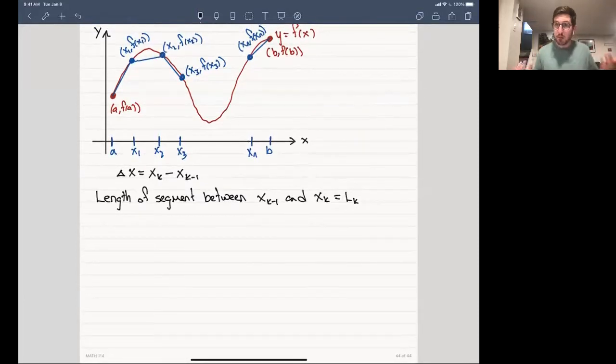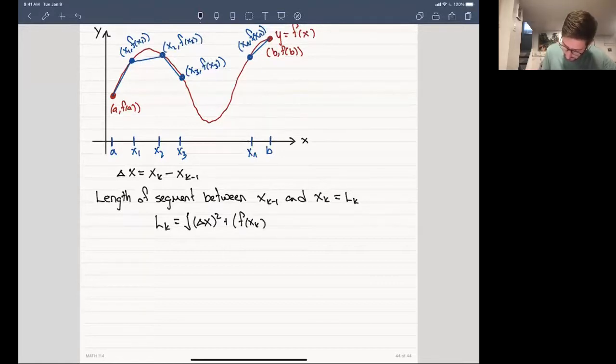Well, the Pythagorean theorem tells us, just like from above, this thing is going to be the square root of delta x squared plus, now our delta y is going to be the change in y values. This will be f of xk minus f of xk minus 1. And then that whole thing is put up underneath this square root.